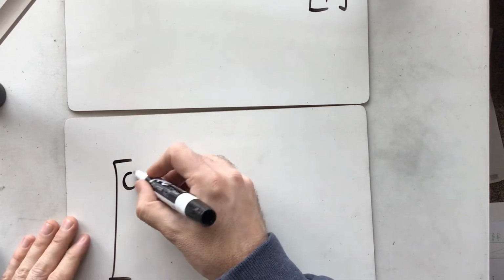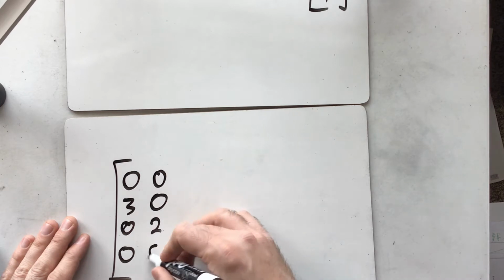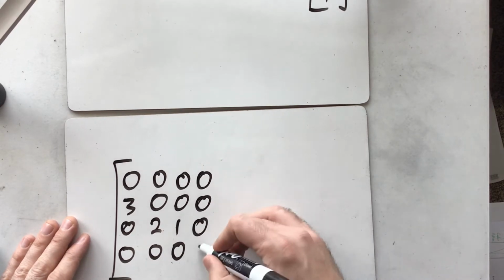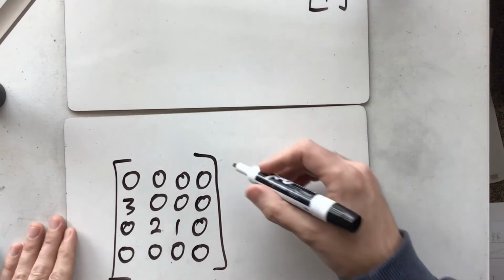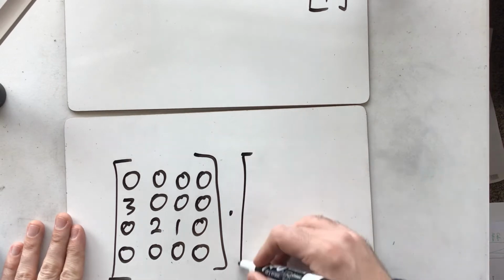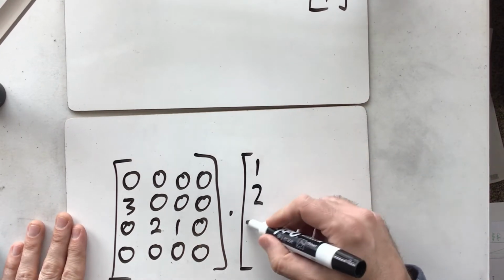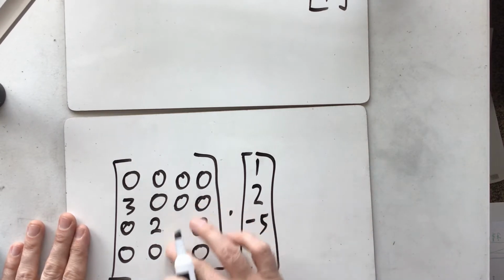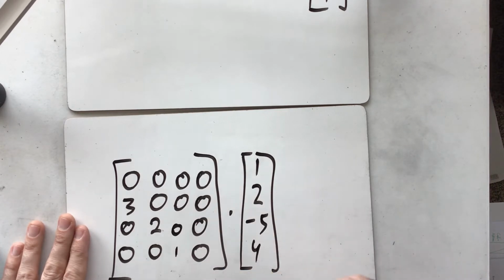What if I take the matrix with rows 0, 3, 0, 0; 0, 0, 2, 0; 0, 0, 0, 1; 0, 0, 0, 0. Now I'm going to multiply that matrix by the vector I had a second ago, 1, 2, -5, 4. Let's make sure I did this right. Yep, okay.